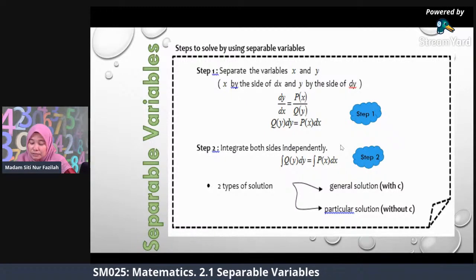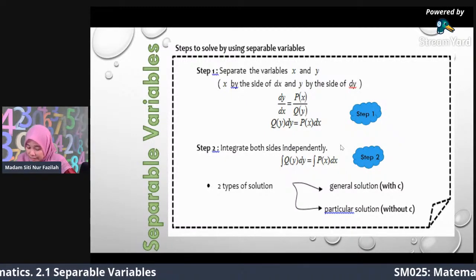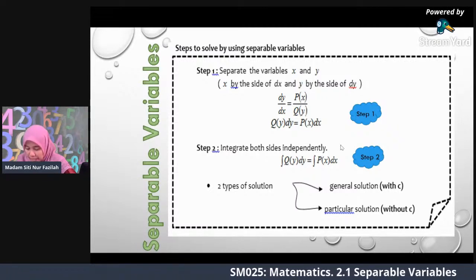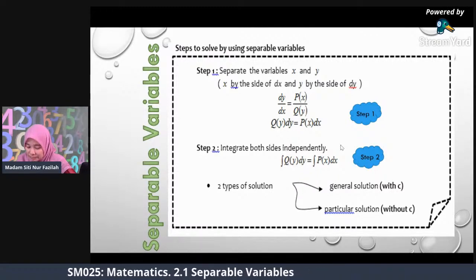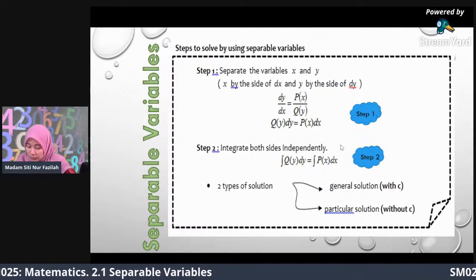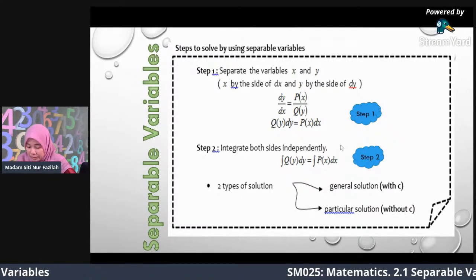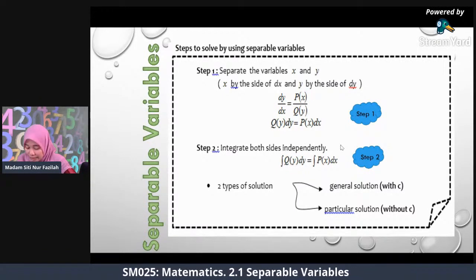We integrate both sides independently. We integrate function q(y) dy equal to integrate function p(x) dx. That means we integrate with respect to y on the left side and with respect to x on the right side.